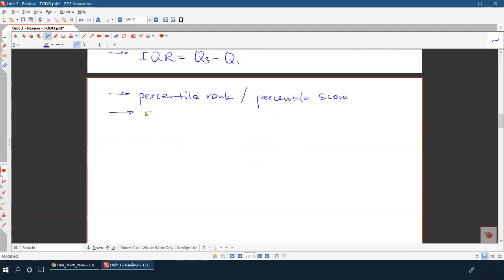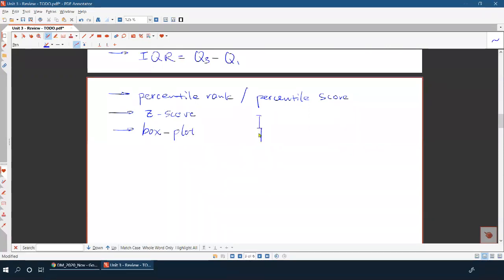Okay, next, Z-score. And last, we also discussed briefly about the box plot.